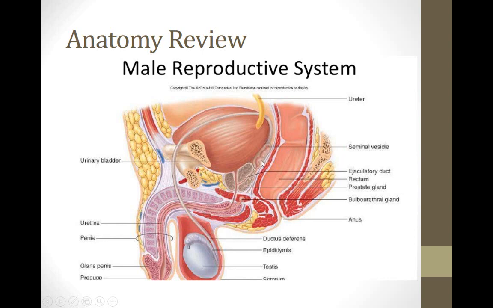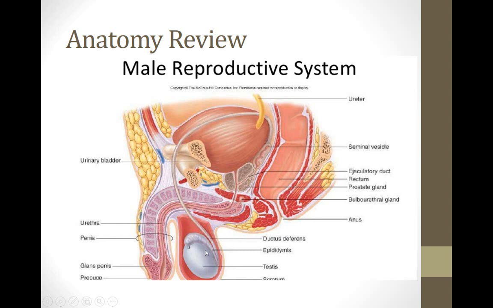The seminal gland will release some fluid that mixes with the sperm, and that will travel down through the prostate gland, and the prostate gland will also release some fluid that mixes with that as well. It will continue to travel down through the urethra, where our last gland, the Cowper's gland or the bulbourethral gland, will also secrete some fluid that mixes with the sperm.